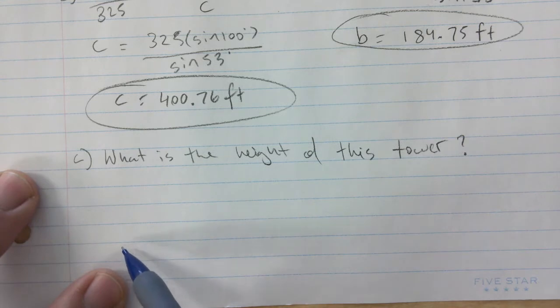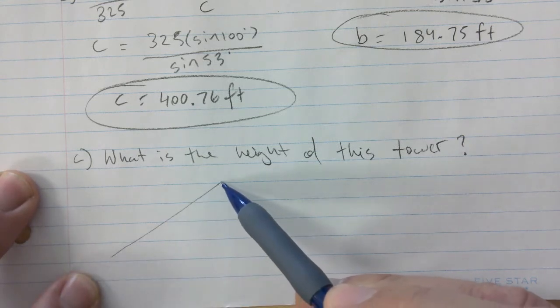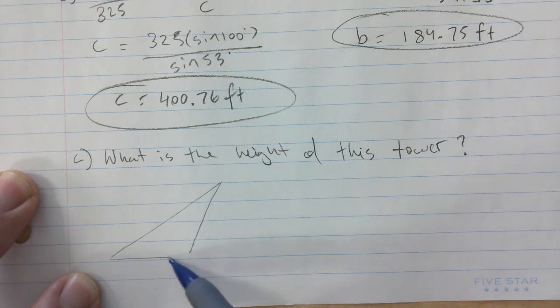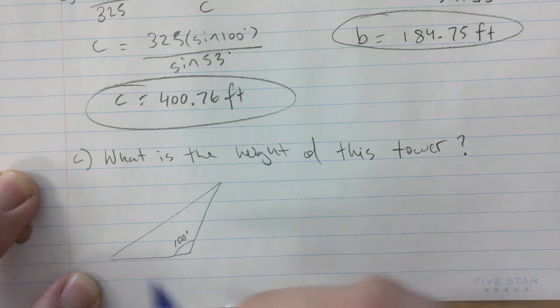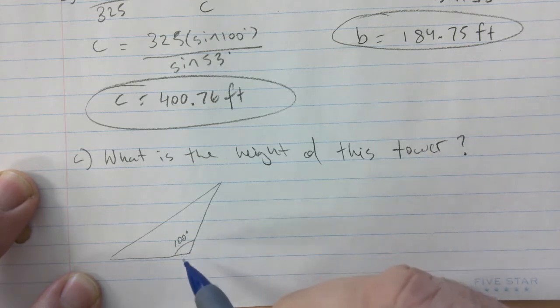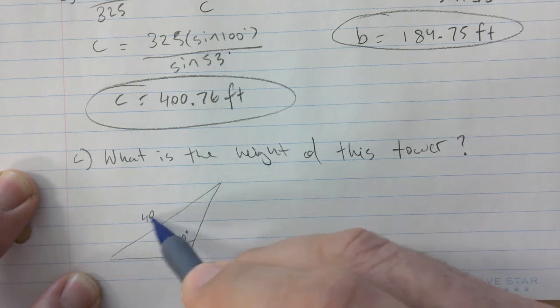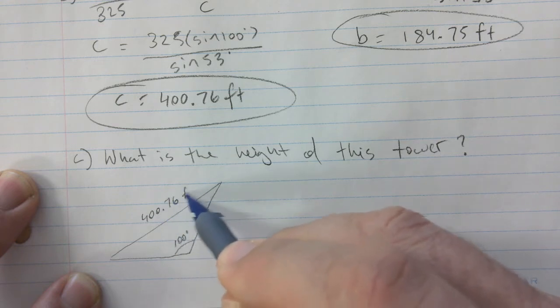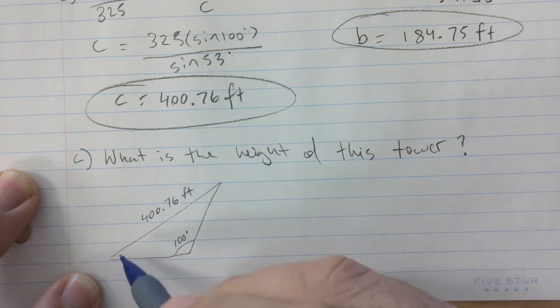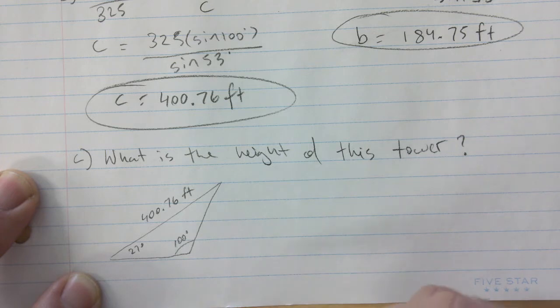So I will just do a quick little sketch here. The triangle that we drew earlier can be summarized as follows. We now know that this is 400.76 feet. We know that this is 27 degrees.